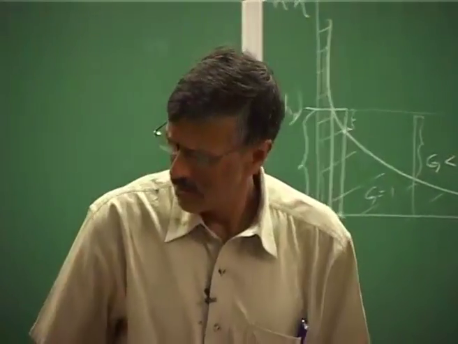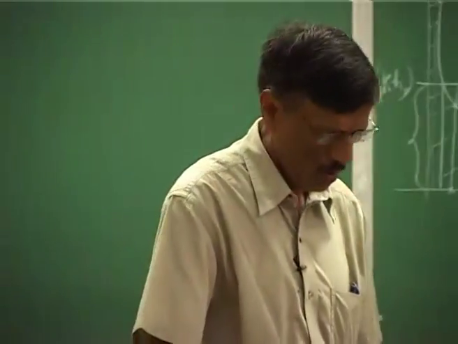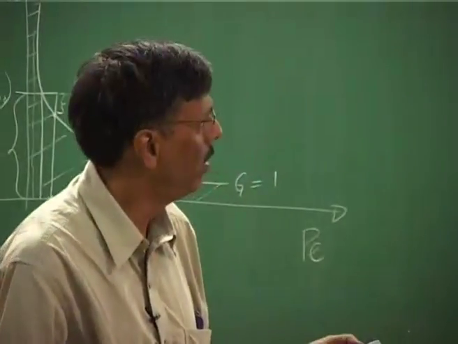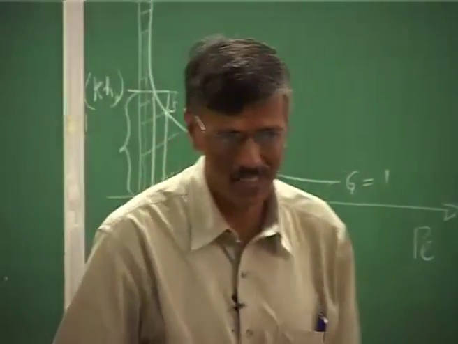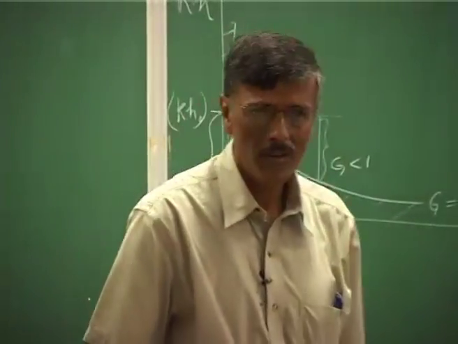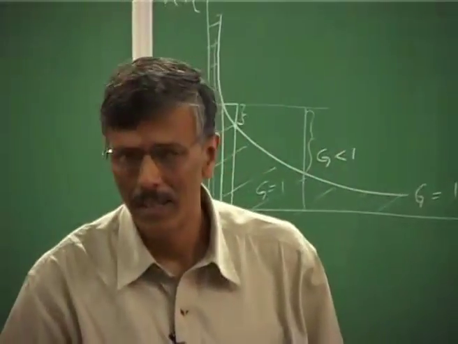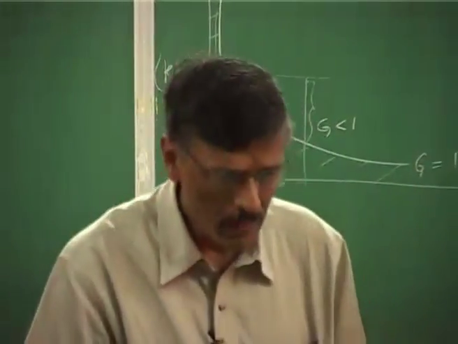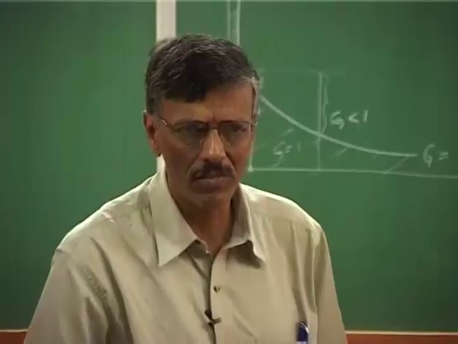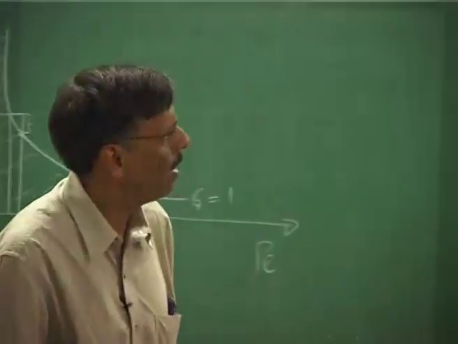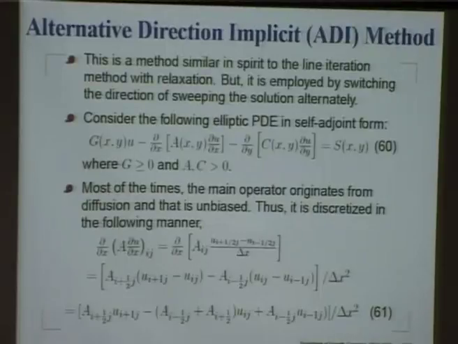We make this observation that the ADI method is similar in spirit to the line iteration method. We have seen that line iteration was basically the method of choice till the 1950s, because it showed a progression in terms of computational efficiency, speed and benefits. So, people were doing line iteration.